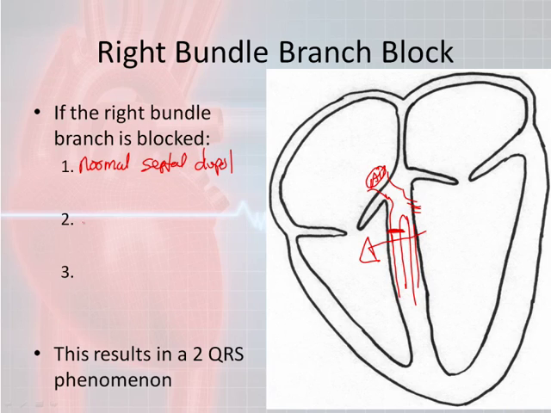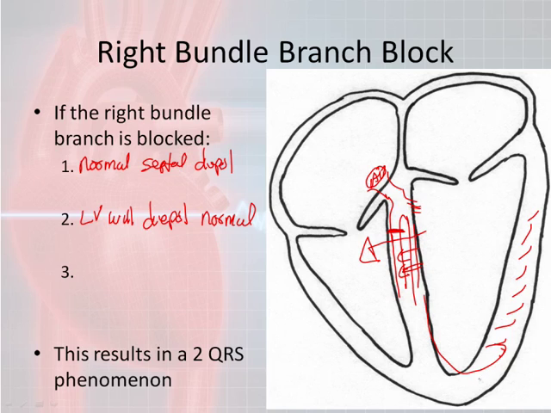So because the septum is depolarizing normally, because the left bundle branch is not blocked, the left ventricle will depolarize normal. So you're going to have good septal depolarization traveling in this direction. You're going to have a nice fast transmission into the Purkinje network down here.